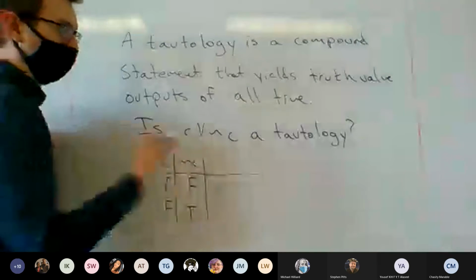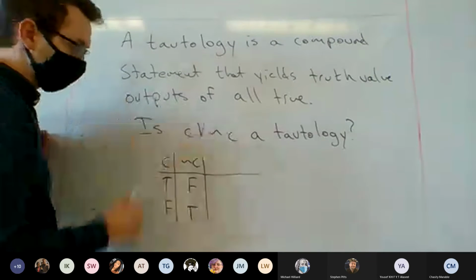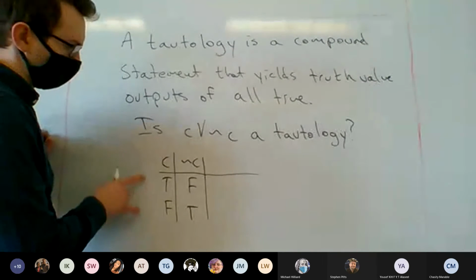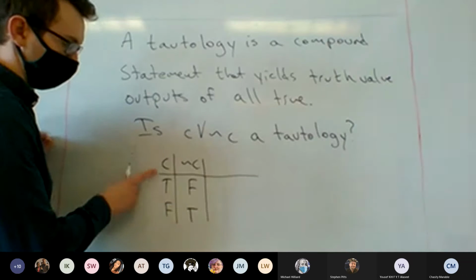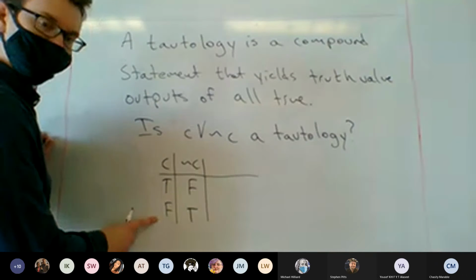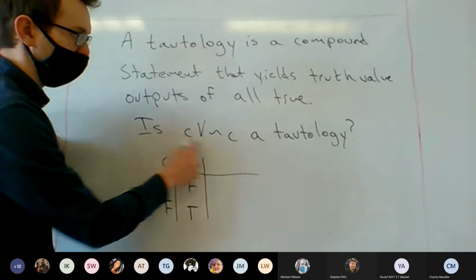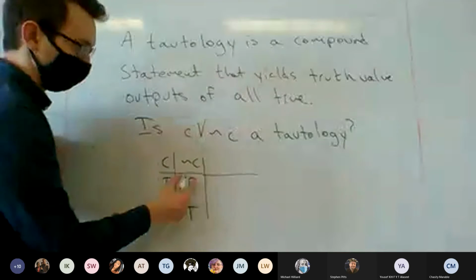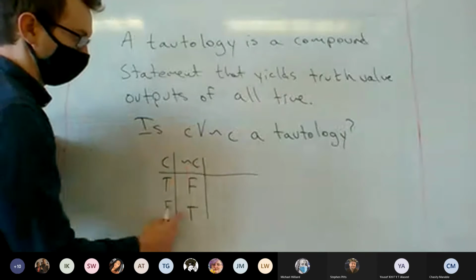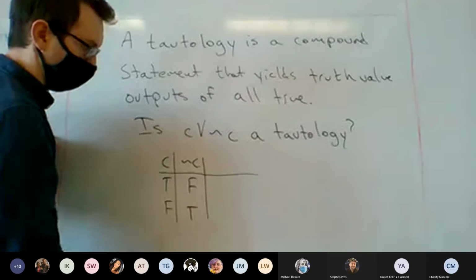We haven't done one yet with just one letter. But when it's just one letter, you only have two rows. Your base column is just that letter up here, and then it's two possible combinations, either true or false. In my next column, I'm starting to build up by getting the negation, so I'm just taking the negation of C by flipping this column.